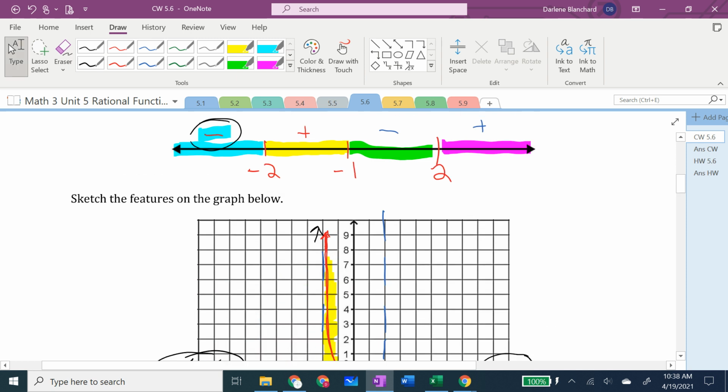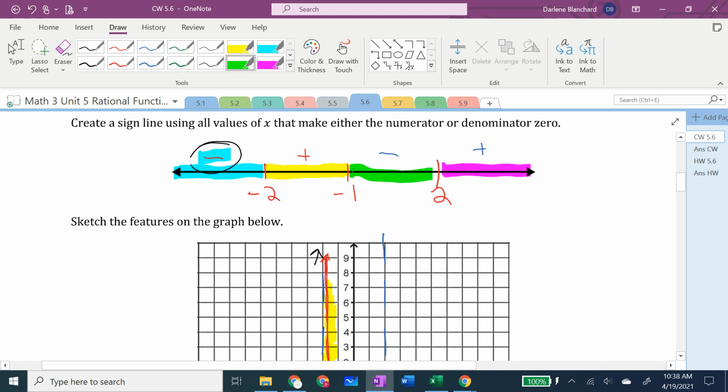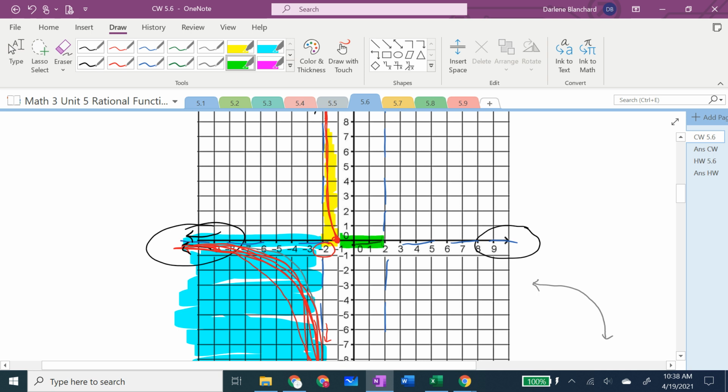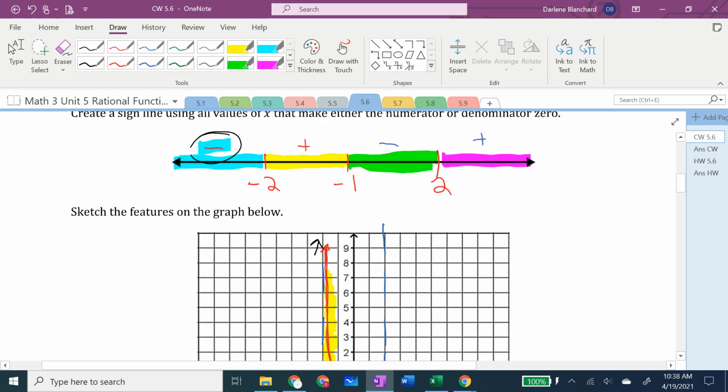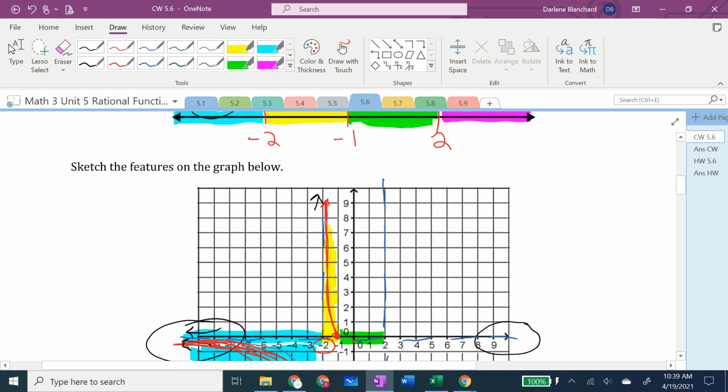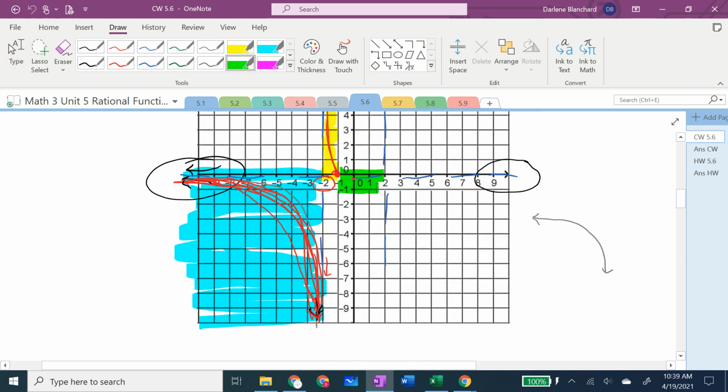Then I look at the next section. From -1 to +2 on the x-axis is here. I have only negative values. That means I'm under the x-axis. Now, vertical asymptote at 2. That right there. That vertical asymptote has a left side and it has a right side. Right now, we can figure out the left side.